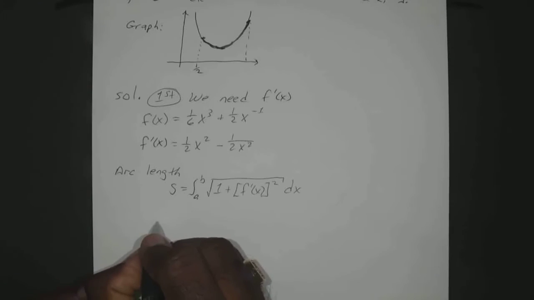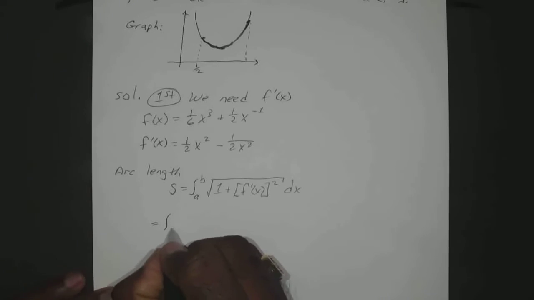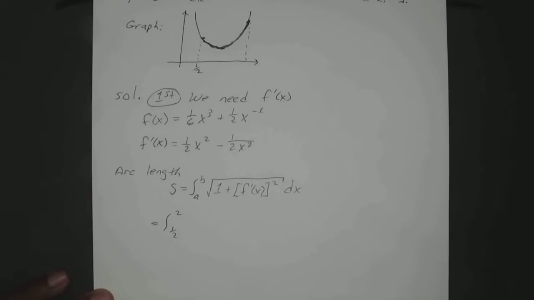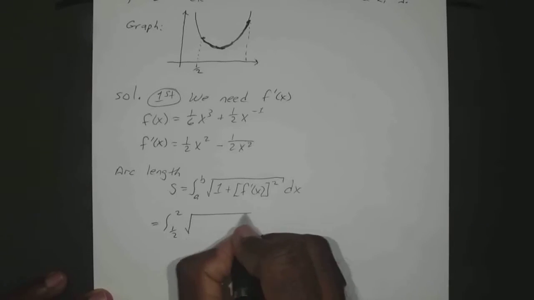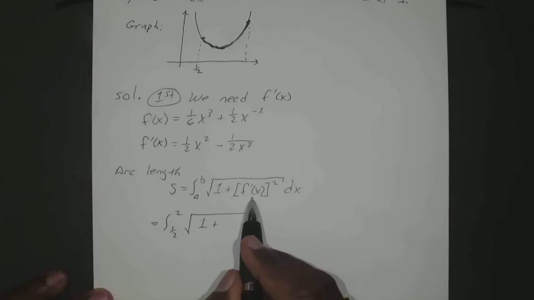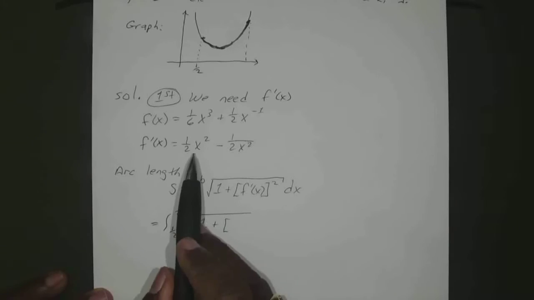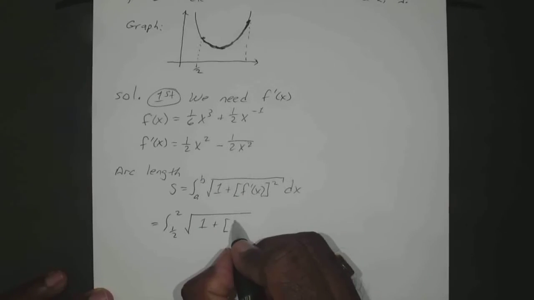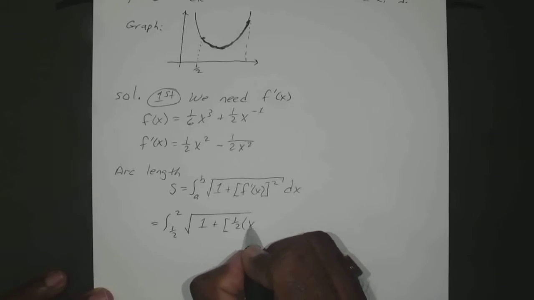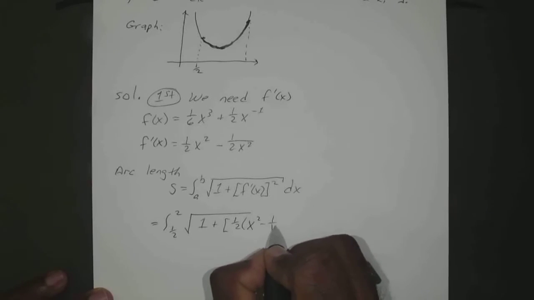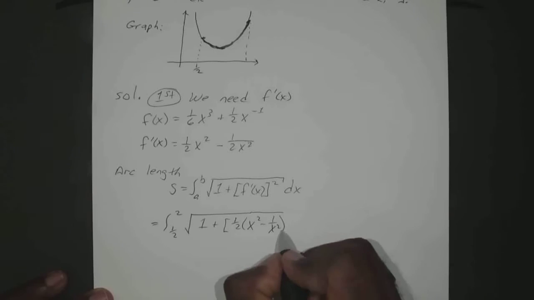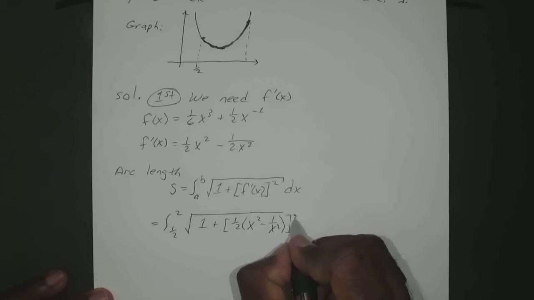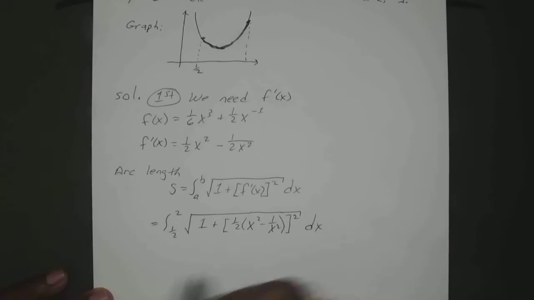Okay, so this will become the integral from 1/2 to 2 and the square root of 1 plus f prime of x squared. So that would be 1/2. Actually, we can factor 1/2 out of both of those if we wanted to. X squared minus 1 over x squared, squared dx.